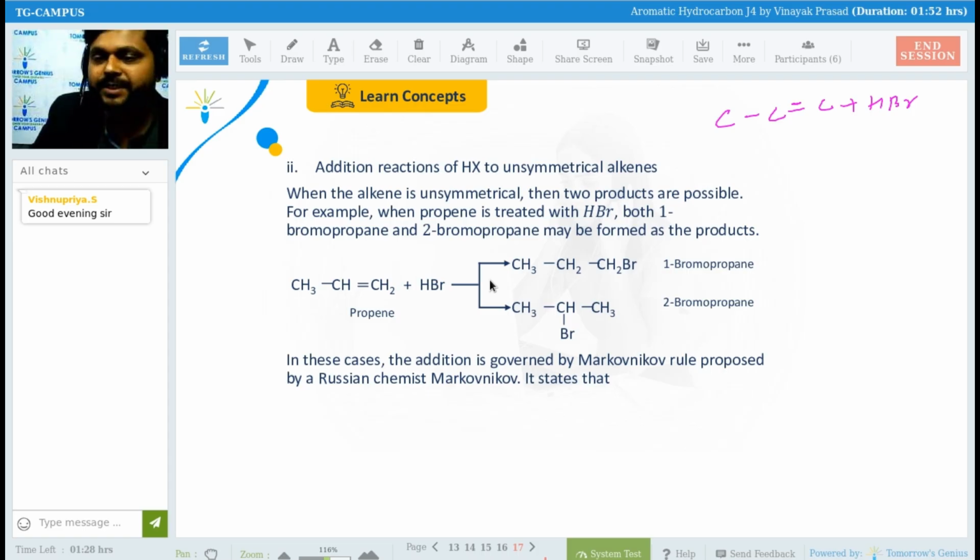So clear, everyone? So see here. This hydrogen has a positive charge, this Br has a negative charge, right?